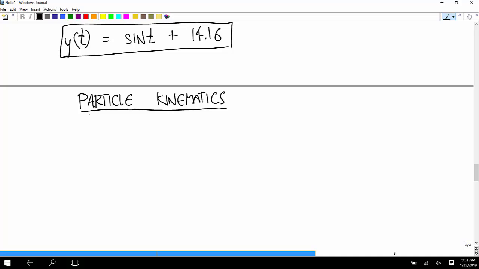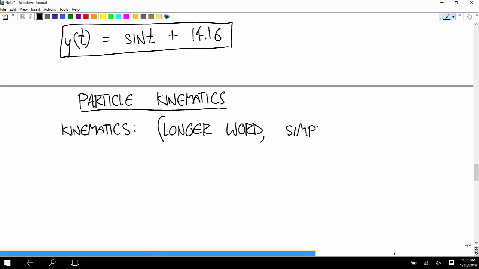So kinematics is the one that's just describing motion. It's not dealing with any causes of the motion. So we're not talking about forces or energy or mass yet. It's a longer word, but the similar topic.